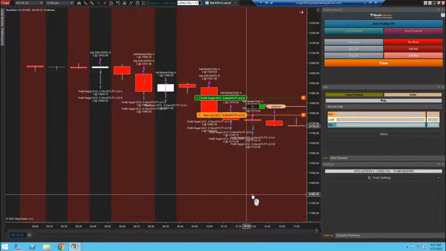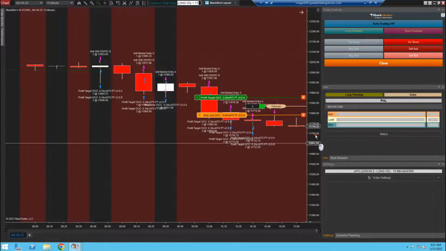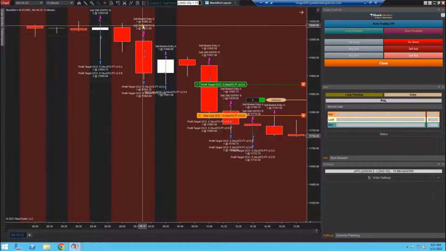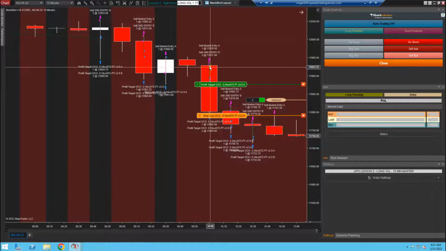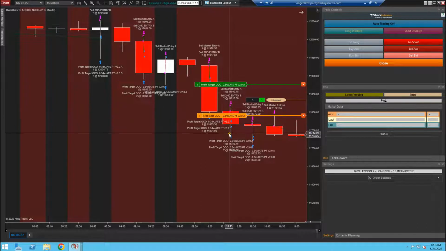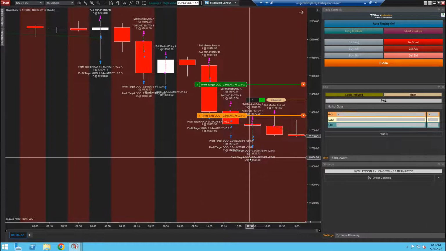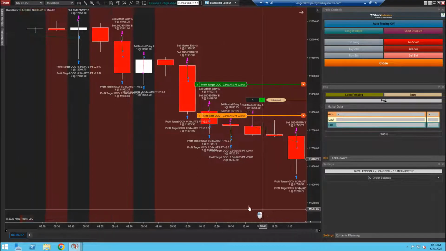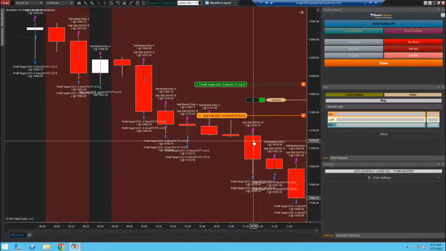So we can see here it started firing off, and you see the orders sell, sell, profit target. It's hitting the profit target. Sell, sell, profit target. Sell, profit target. Sell, profit target. I mean, it's designed to hit the low hanging fruit when the condition fires off.